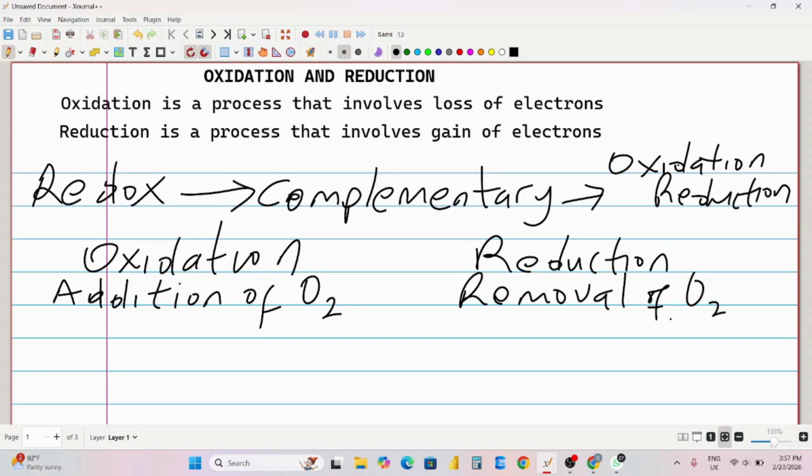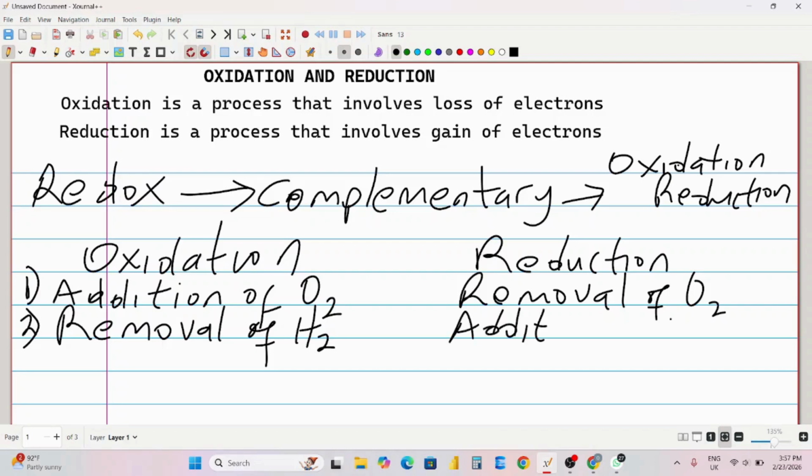Then the second one would be removal of hydrogen. Or this one would be addition of hydrogen.